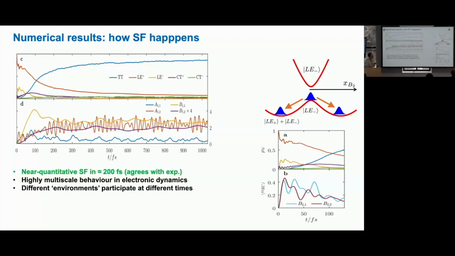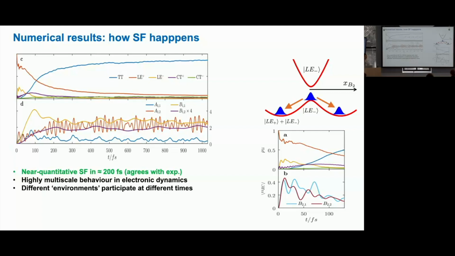As these modes get displaced adiabatically, this state moves to here and changes its character. It now acquires LE plus and LE minus character. So the nature of our photoexcitation has changed due to the environment displacement.